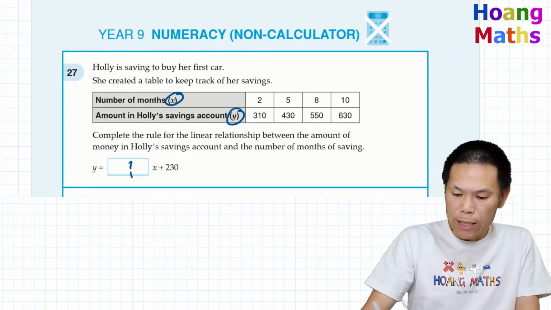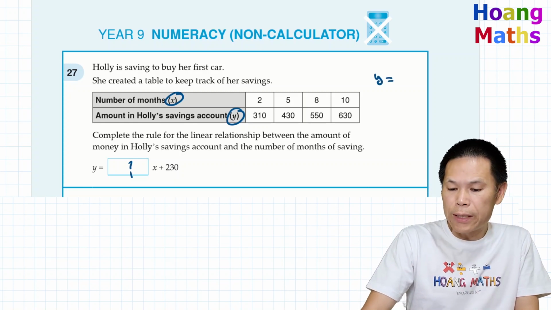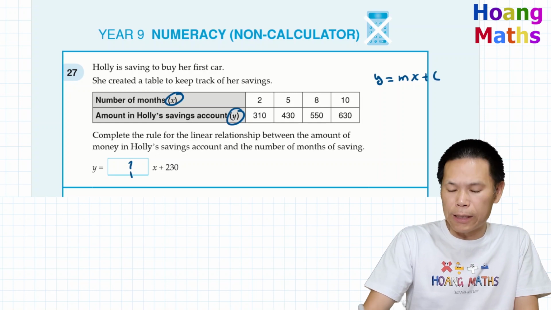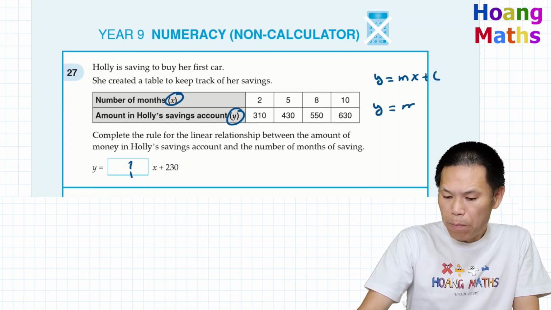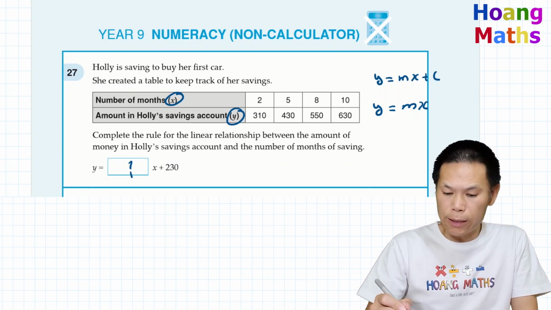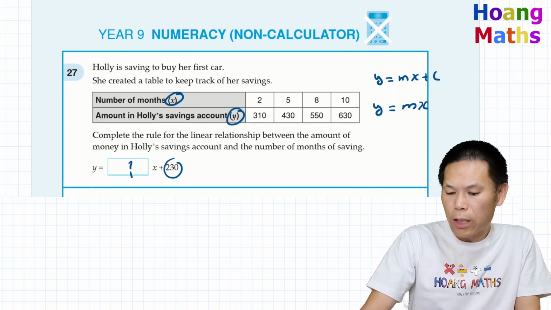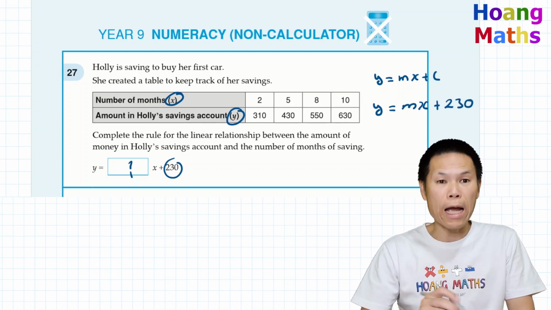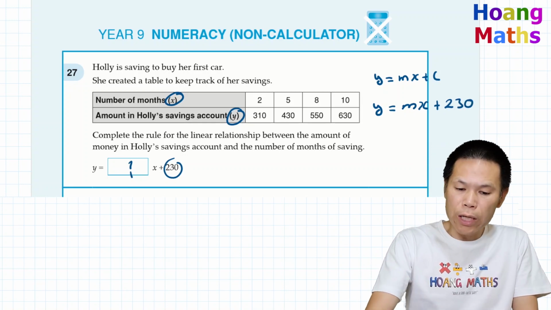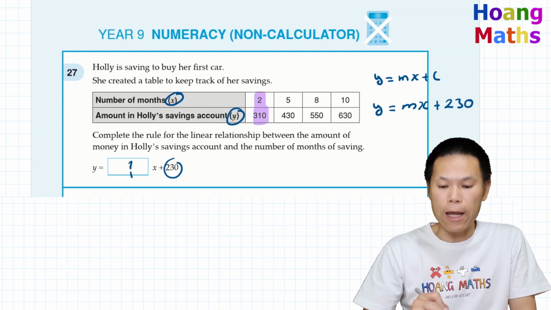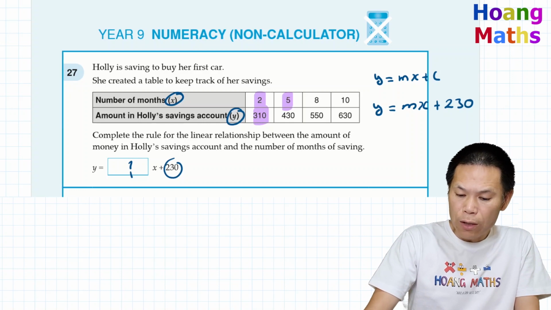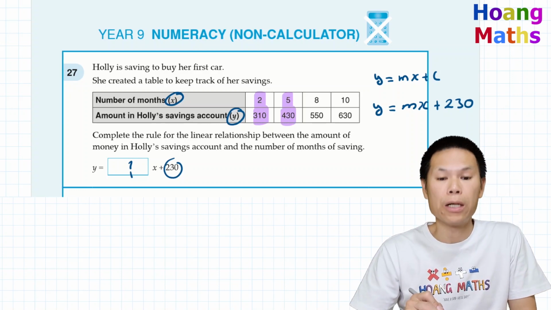So we know that y is mx plus c. And we know c. C is 230. So y equals mx plus 230. Now to work out the value of m, we can use any of these points, 2 and 310, or 5 and 430.